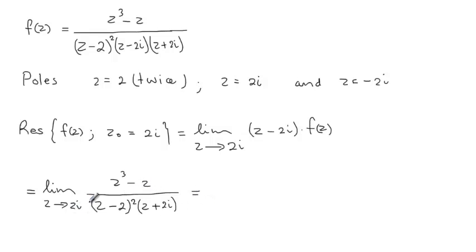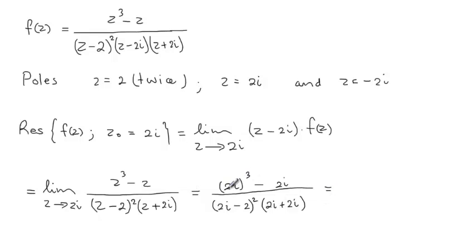So we can complete the limit by simply substituting 2i in the expression and simplifying, in which case this will be equal to ((2i)³ − 2i)/((2i − 2)² multiplied by (2i + 2i)).